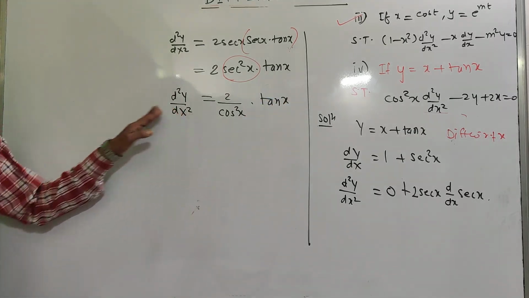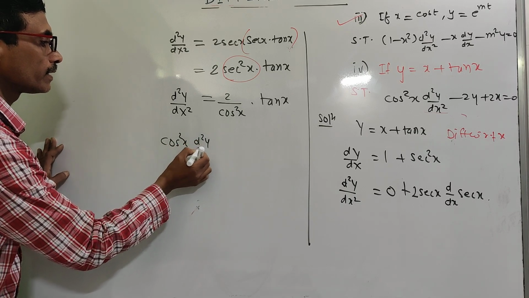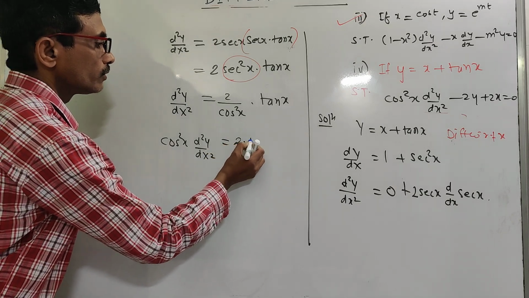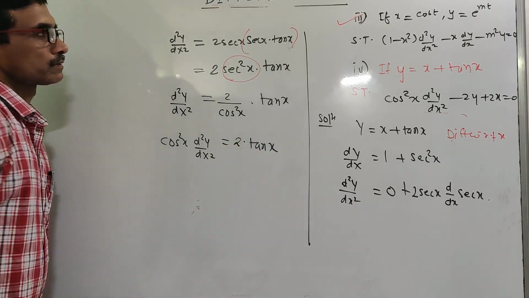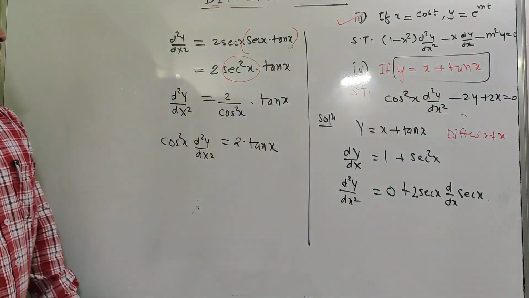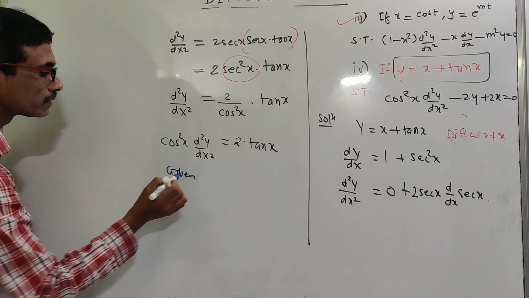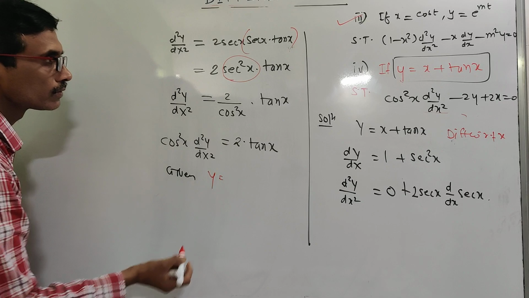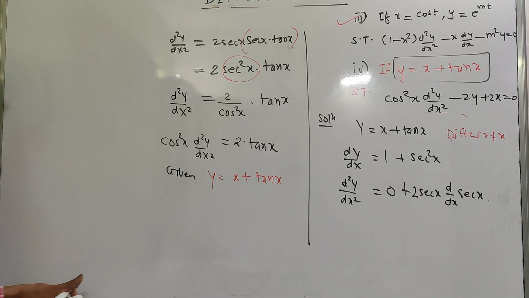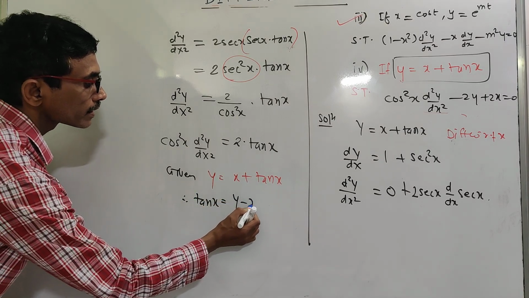If we take cross multiplication, cos square x d square y by dx square is equal to 2 into tan of x. What is tan x? From this relation we can get tan x. What is given? Here given y is equal to x plus tan x. Therefore tan x is equal to y minus x.